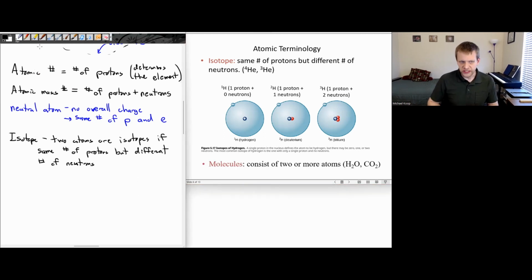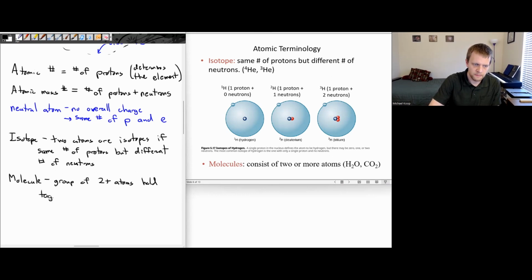Some other terminology. A molecule is a set of 2 or more atoms held together by chemical bonds. So a group of 2 or more atoms held together by chemical bonds.